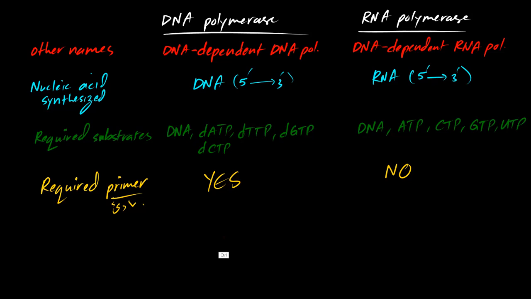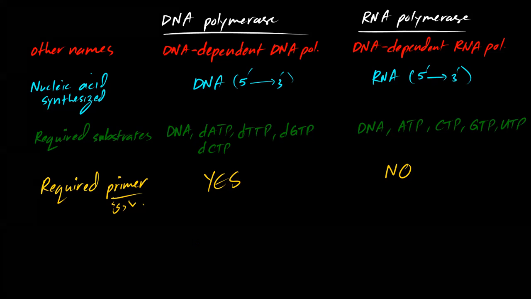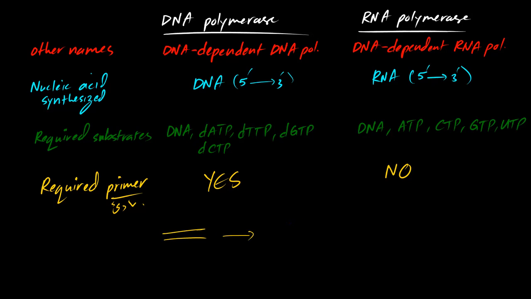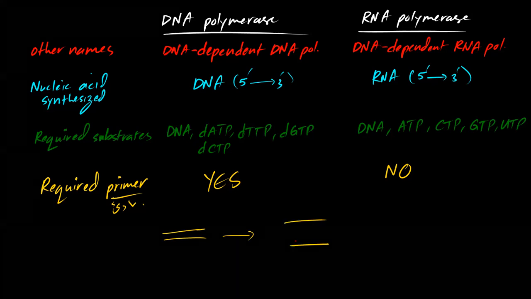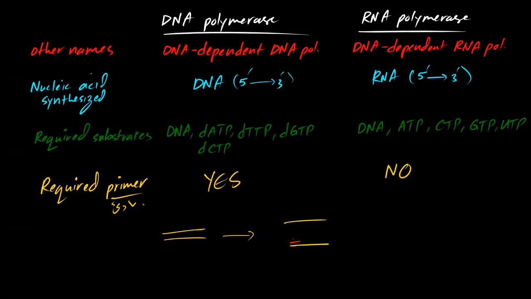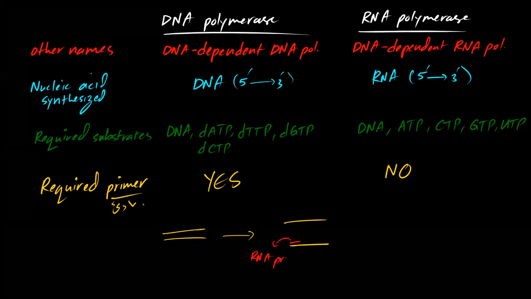So remember, DNA replication starts by separating the two DNA strands. Then, in DNA replication, a short fragment of RNA called RNA primer will make a double-stranded region of RNA and DNA.